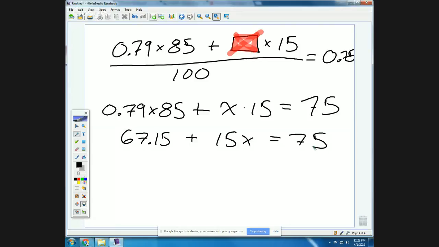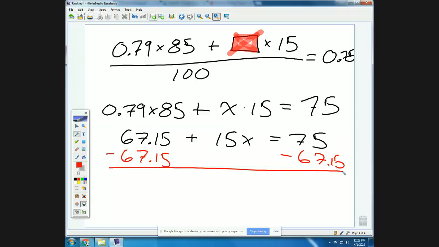It's a positive number, so we're going to subtract it over to the other side. So I need to know what is 75 minus 67.15. There we go. So now I have 15x is equal to 7.85.